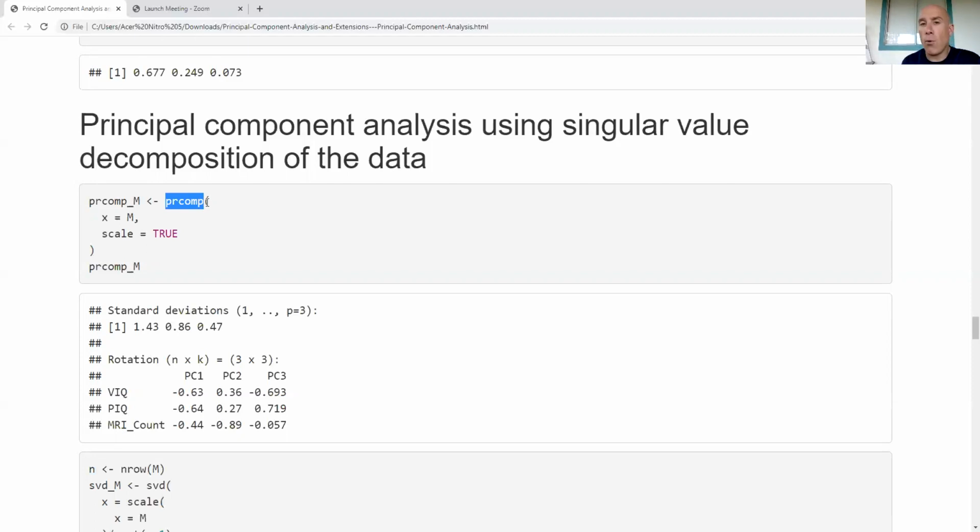As long as you have full rank data and correlation isn't a huge issue between your columns, you can use either one and it won't make a difference. If you feel like you have a near linear dependence between vectors, you want to use prcomp.